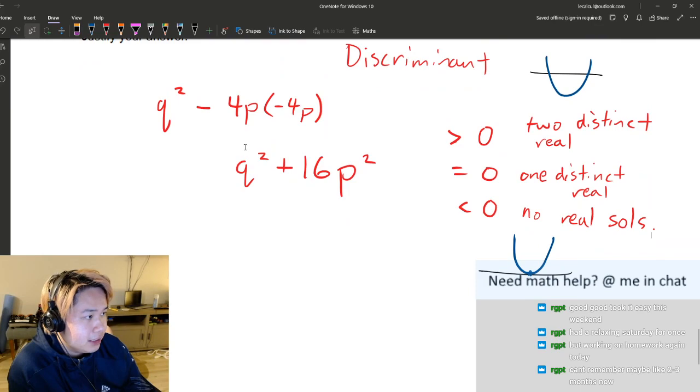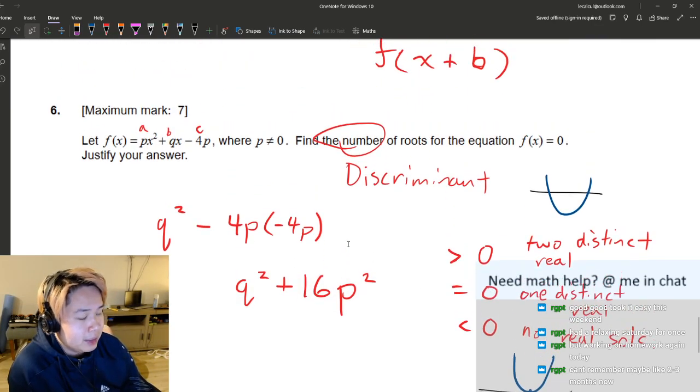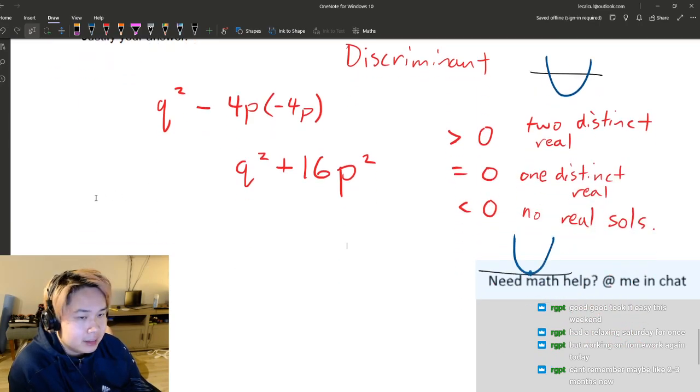Okay, so how can we determine whether this is positive, negative, or 0? I have no idea what p and q are. Well, at least I know that p is not 0. Q could be 0 for all I care. But let's take a look at this formatting. This is a variable squared. Something has been squared.